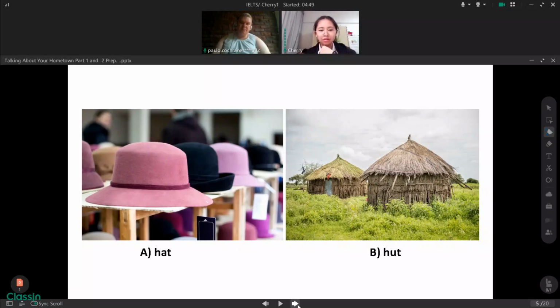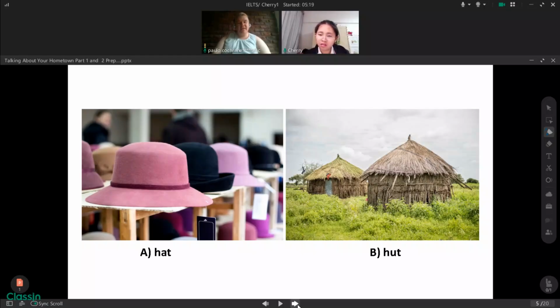You can't just have a sunshine. And a hut. Hut is a house or a tree.